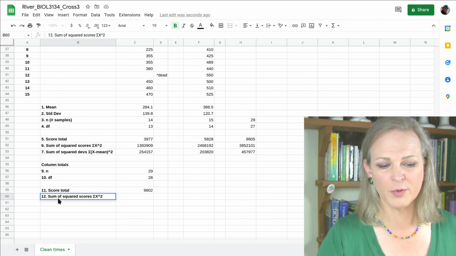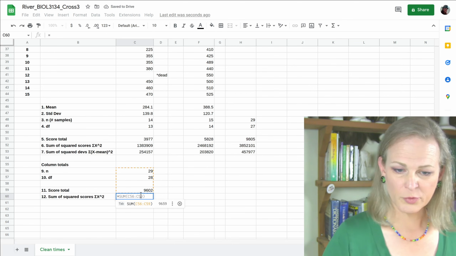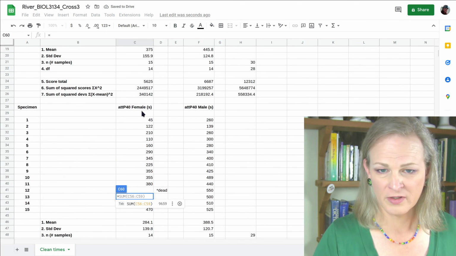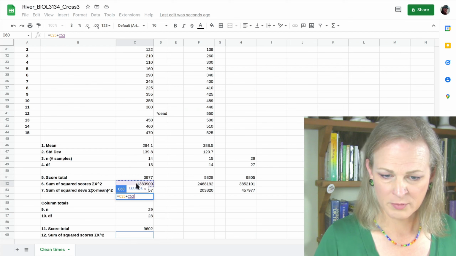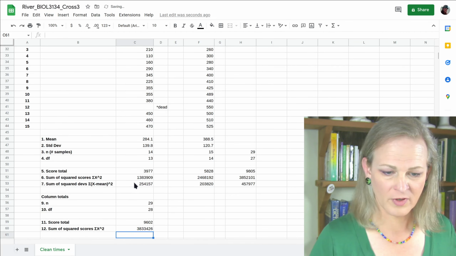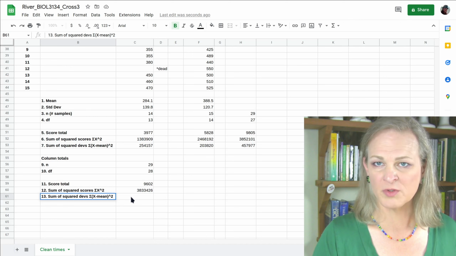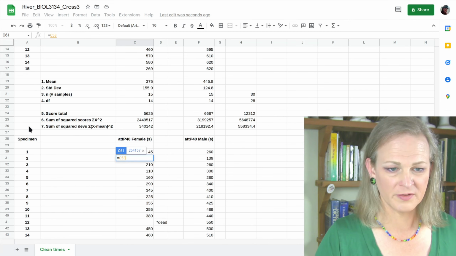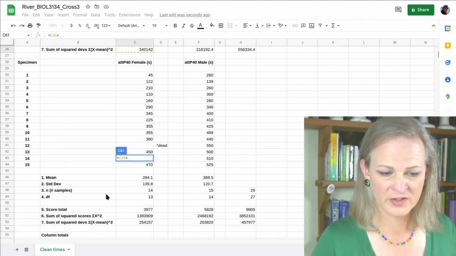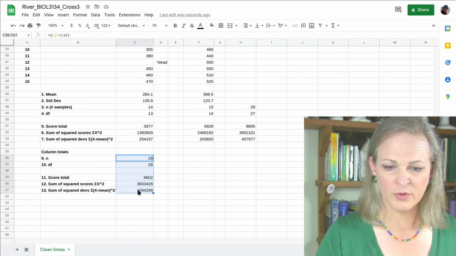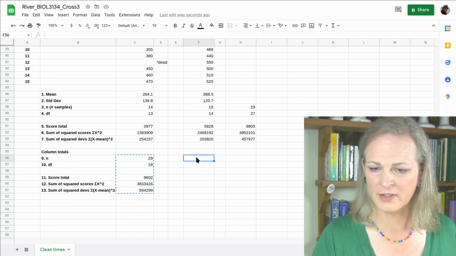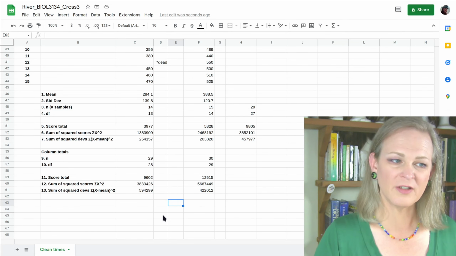And then step 12, we'll have our sum of squared scores, which will be equal to sum of squared scores plus sum of squared scores. Okay. And step 13 is our sum of squared deviations, which is going to be equal to, in this case, C26 plus C53. Now we'll copy and paste these formulas over for the other column. All right, now we have column totals.